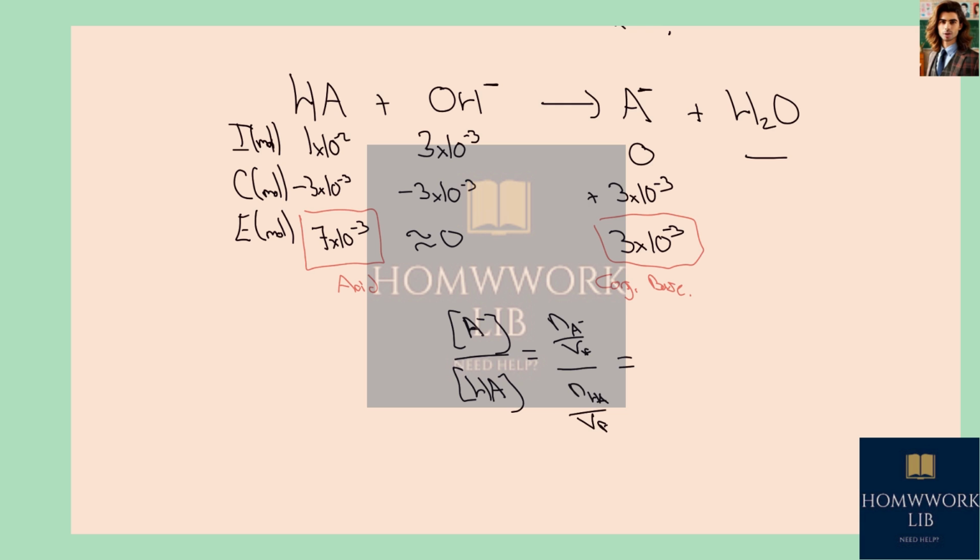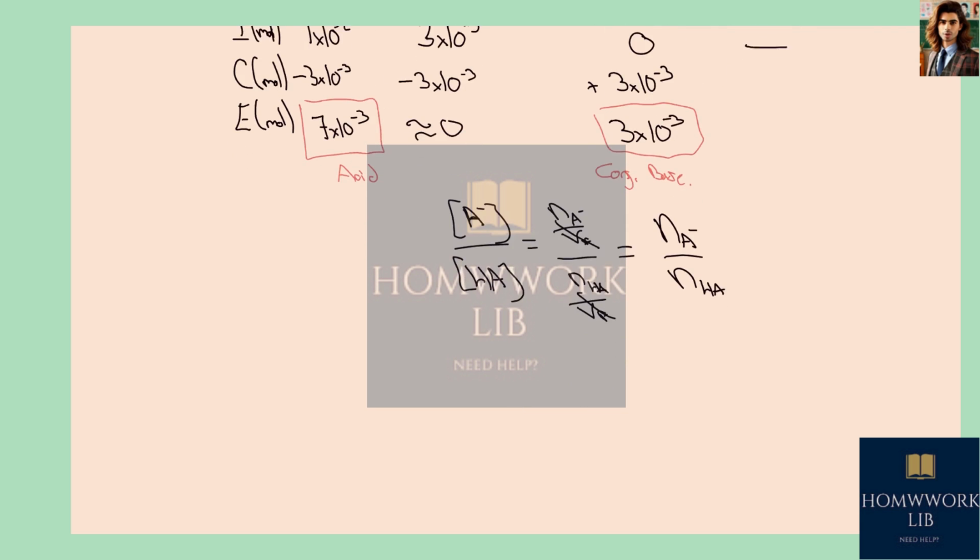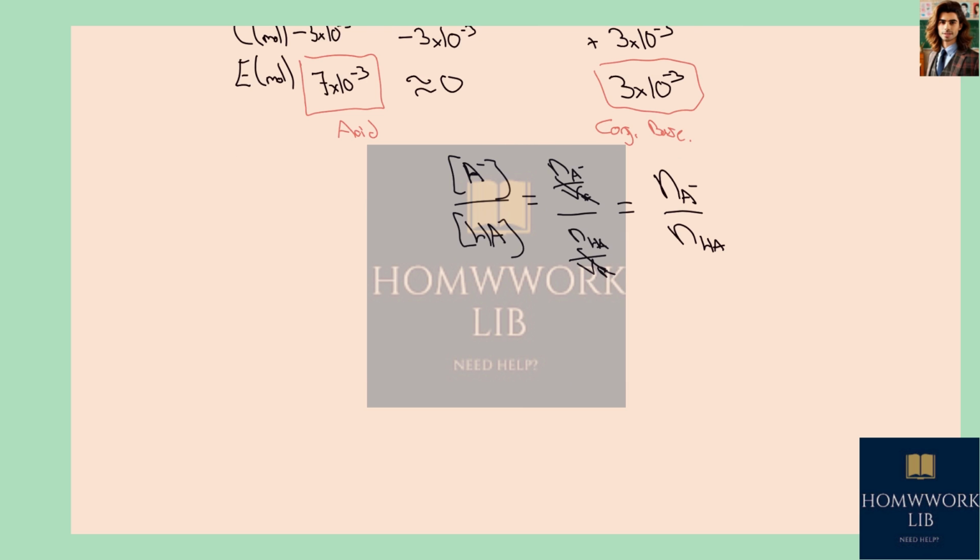Final volumes are the same, so amount of mole of A minus divided by amount of mole of HA. These two cancel out. So we're going to use this fact to get the pH equals pKa plus the logarithm of concentration of A minus divided by concentration of HA, from the Henderson-Hasselbalch equation.